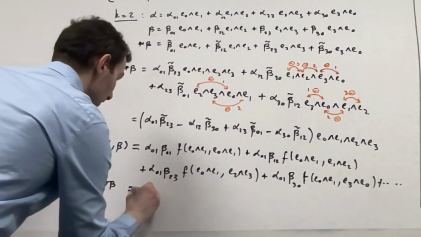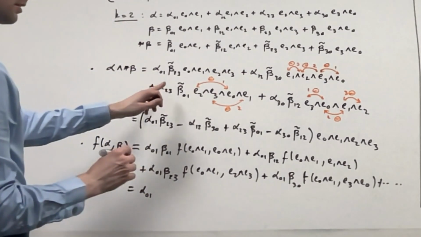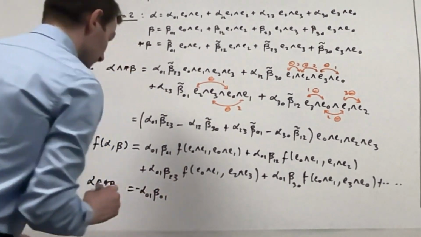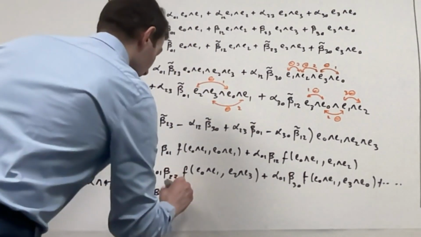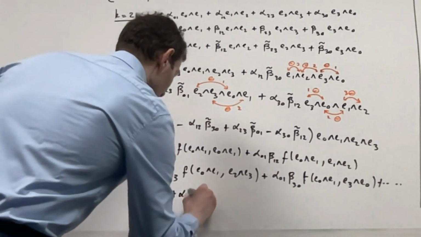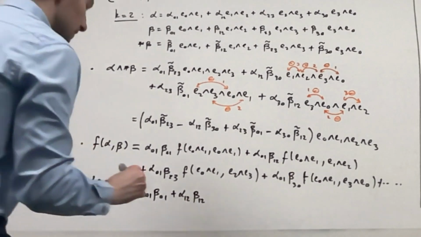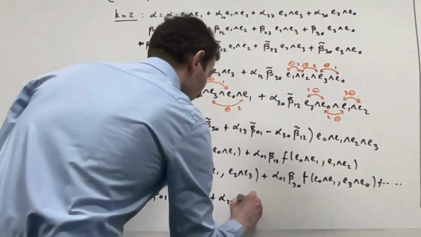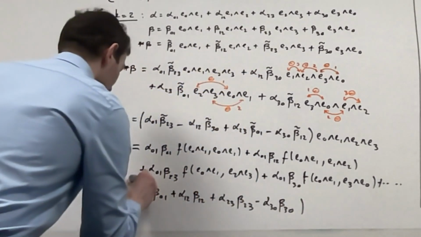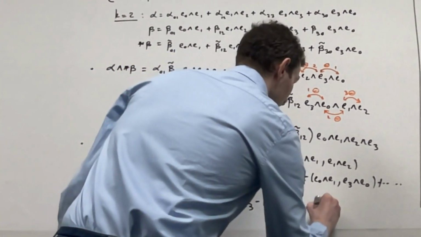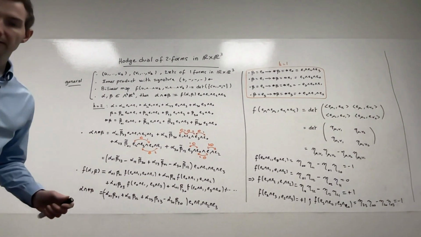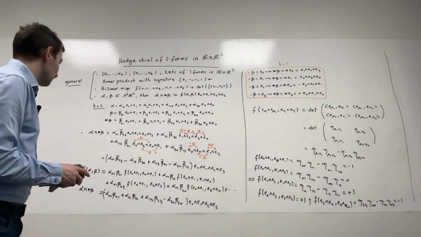So alpha 0, 1, so minus alpha 0, 1, beta 0, 1, and then we are going to get plus alpha 1, 2, beta 1, 2, then plus alpha 2, 3, beta 2, 3, and finally minus alpha 3, 0, beta 3, 0, and then that factorizes E0, E1, E2, E3.